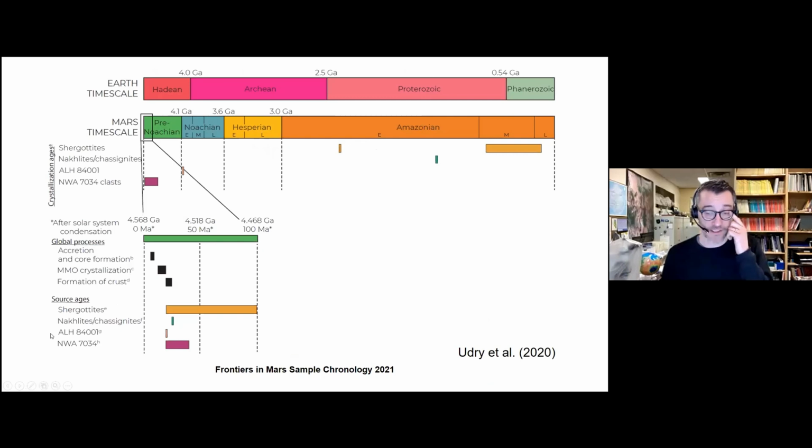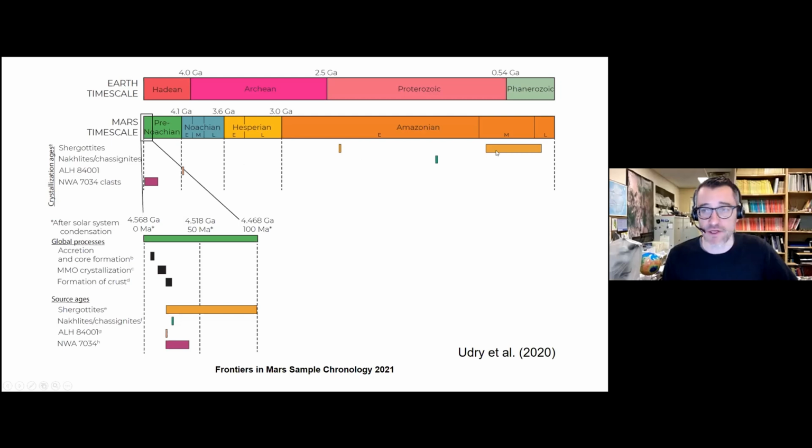To summarize then, we have this diagram, from a paper by Arya Udry, myself, and others, a review paper that we published last year on what we learned about Martian meteorites in the past 5 years. You can see the timescale for Mars up here, as determined from orbital observations, remotely sensed geology of Mars, and the approximate ages based on extension of the lunar cratering timescale to Mars.